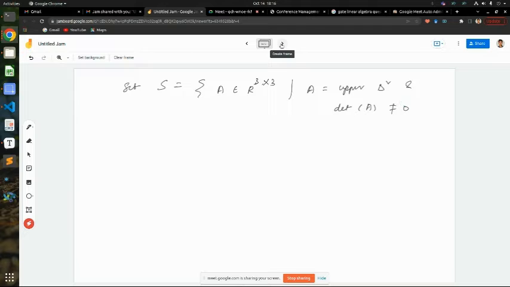Now the question is, does this set S under the matrix multiplication operation form a group or not?